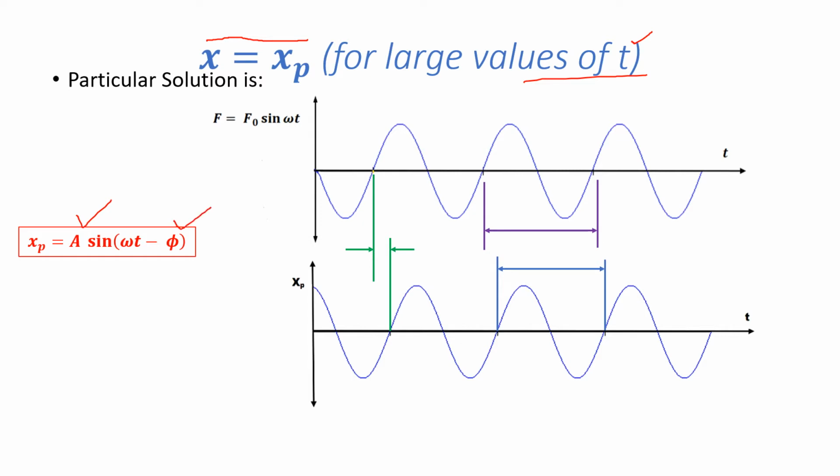Phi is the phase difference, we can calculate. Omega is the frequency of external excitation. So if we have an external excitation of amplitude F naught, then its time period will be 2 pi by omega.